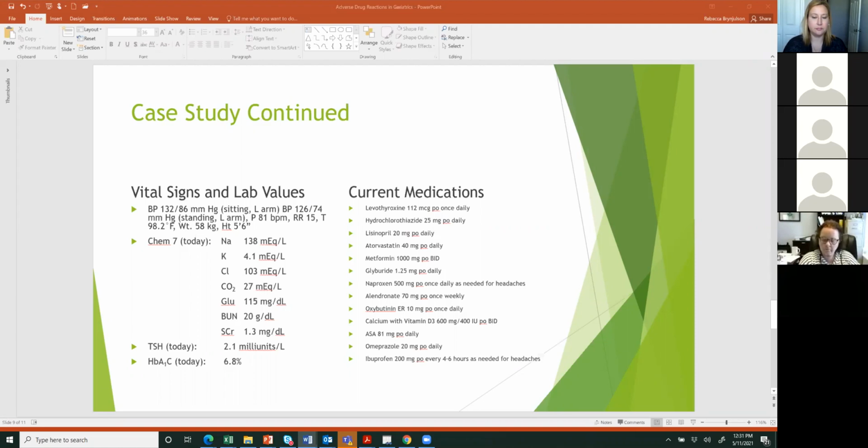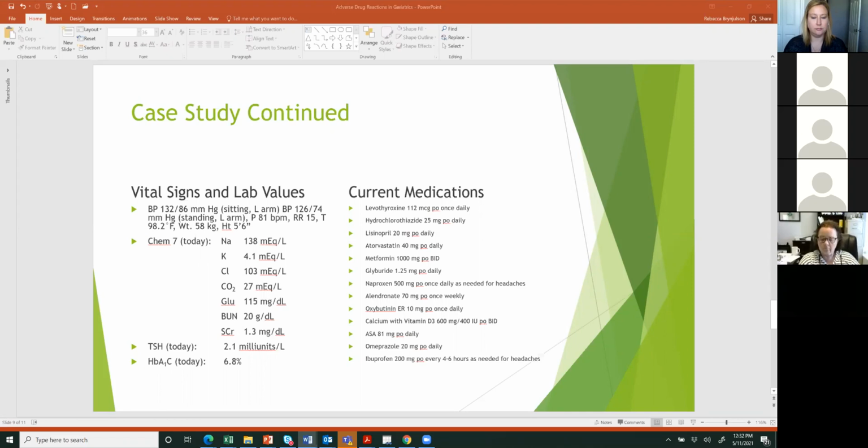If a patient always runs around 1.2, 1.3, that would be very normal for them. If this patient normally is a lot lower or a lot higher, we might see this as abnormal in comparison to previous results. But a serum creatinine of 1.3 is not atypical per se.